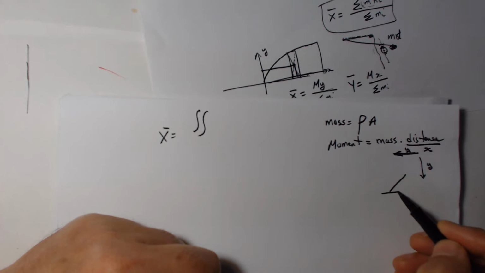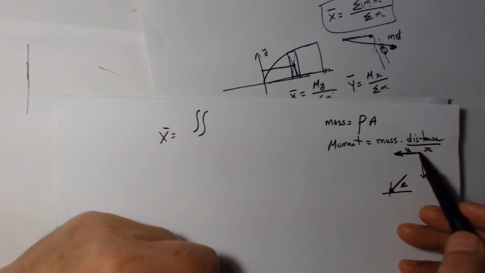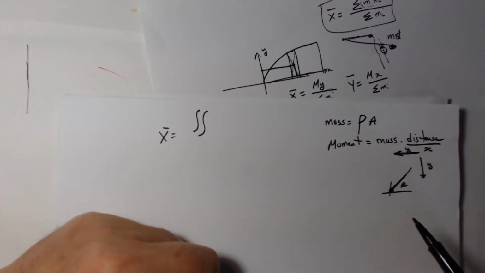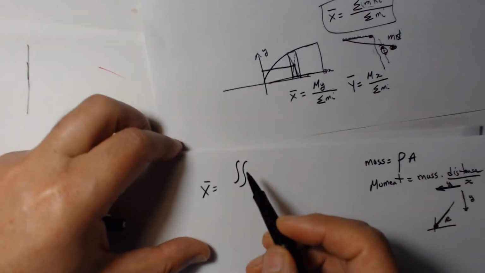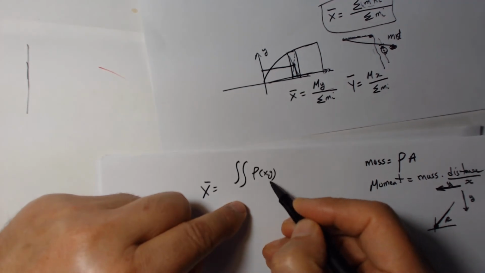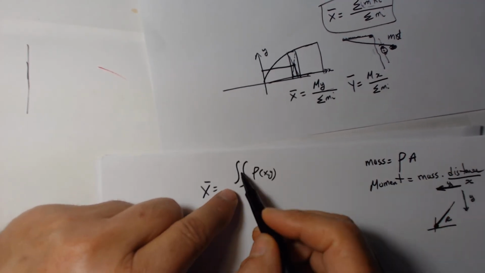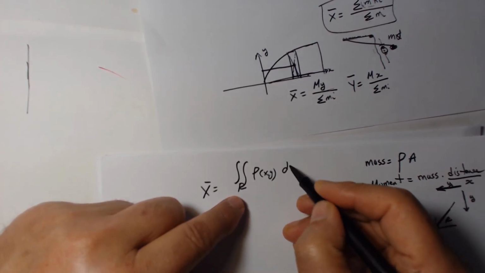Or if it's from the origin, the distance is called r. Therefore, we have the moment about the y, the moment about the x, and the moment about the pole. But what is the moment? Mass times the distance. But what is mass? It's the density. And what is the area? It's a double integral over a region of dA.